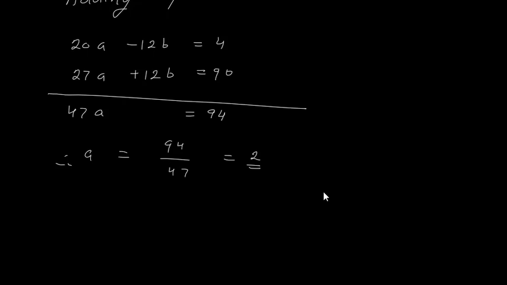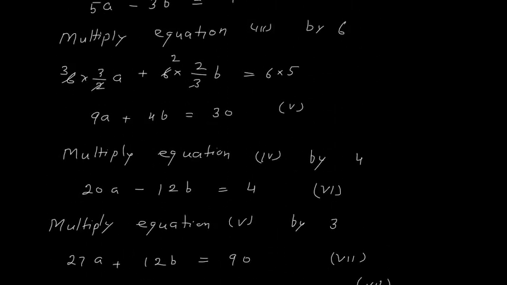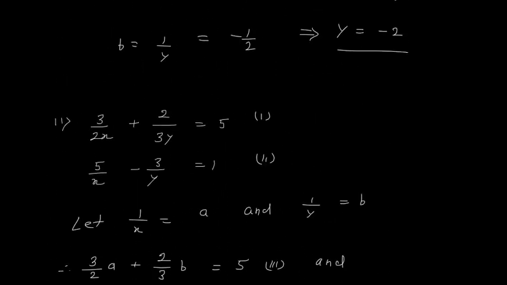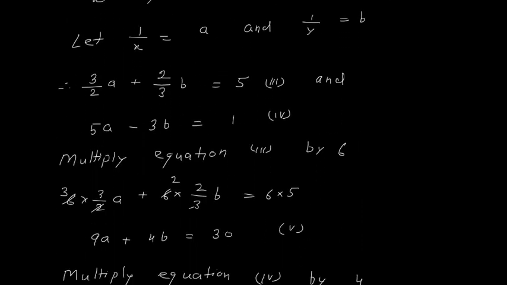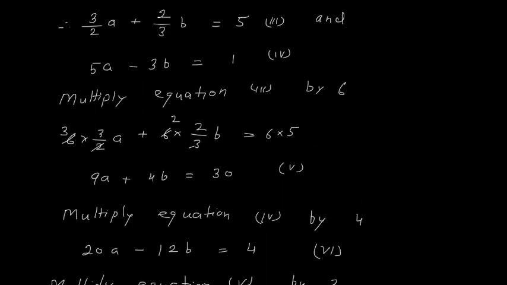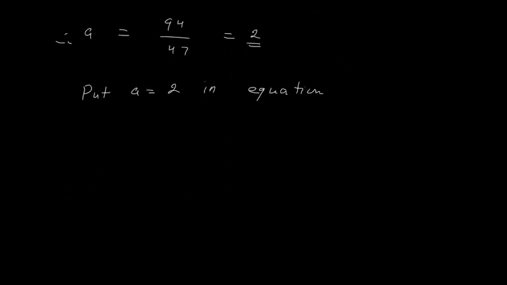Now put this value of a in any of the equations. Let us see which equation is more simple. In equation 4, 5a minus 3b is equal to 1.